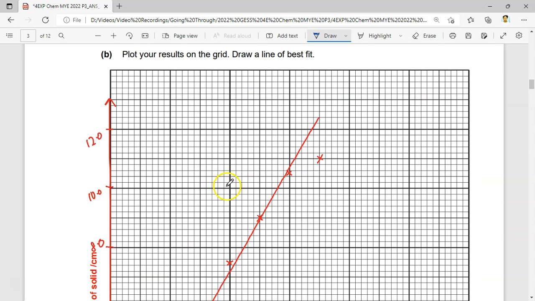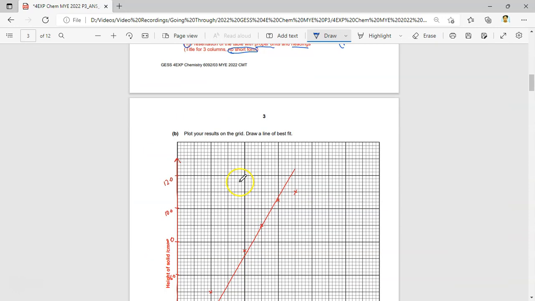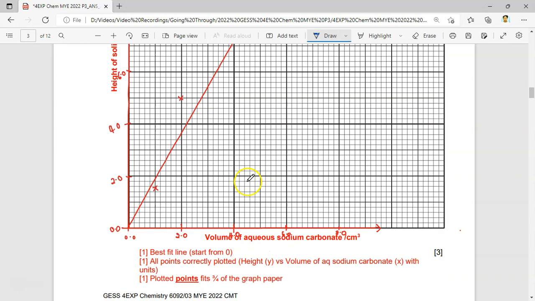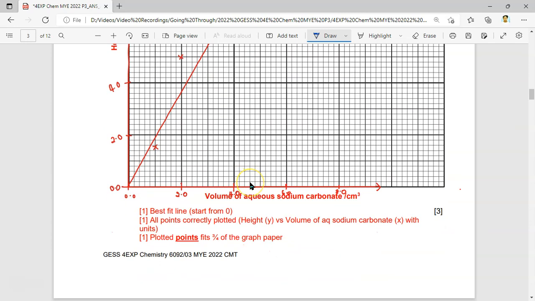Plot your graph. In the midst of plotting the graph, this is the marking scheme we're looking out for. The best fit starts from 0. And I think some of you are asking, Cher, why must I start from 0? Is it always important to start from 0? I just need you to think through this experiment.